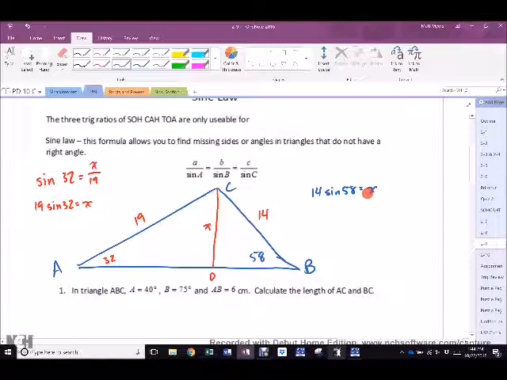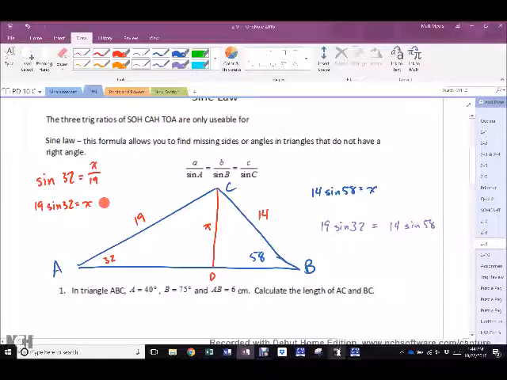Does everyone agree? Okay. If 19 sine 32 equals x and 14 sine 58 equals x, what do I know about 19 sine 32 and 14 sine 58? That they are equal because they both equal x, yes?